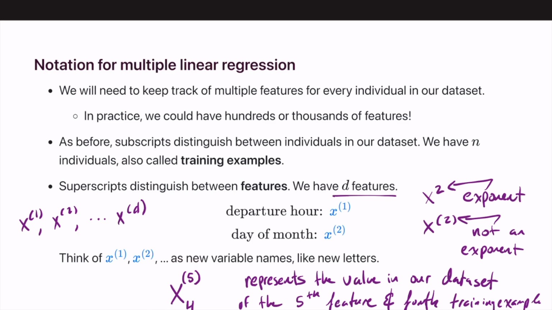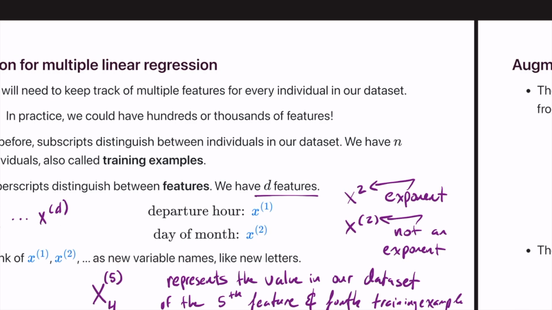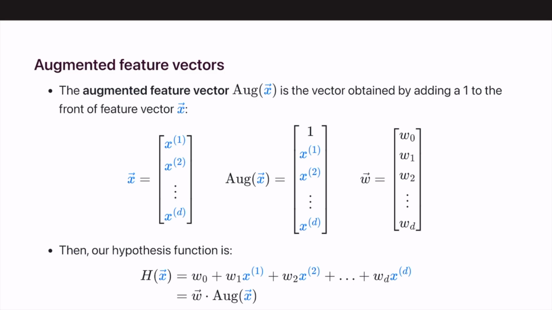So now that we have a way to describe any value in our training data, we really like doing shorthand stuff. Before we talk about augmented feature vectors, let's think about this real quick. This is our hypothesis function for our feature vector x.